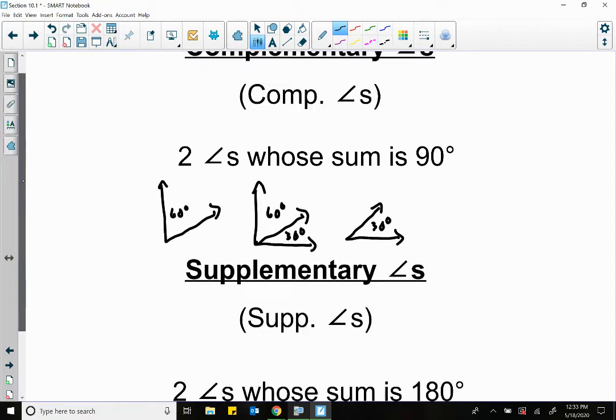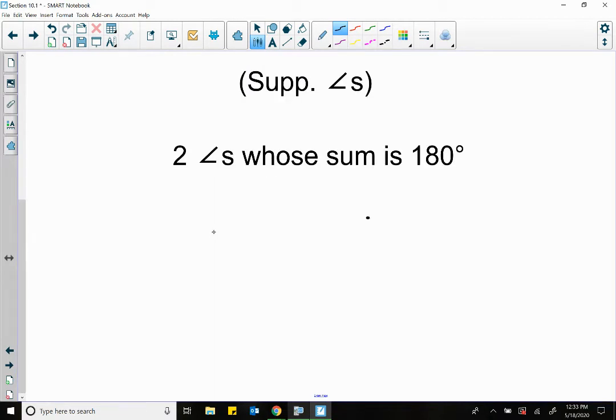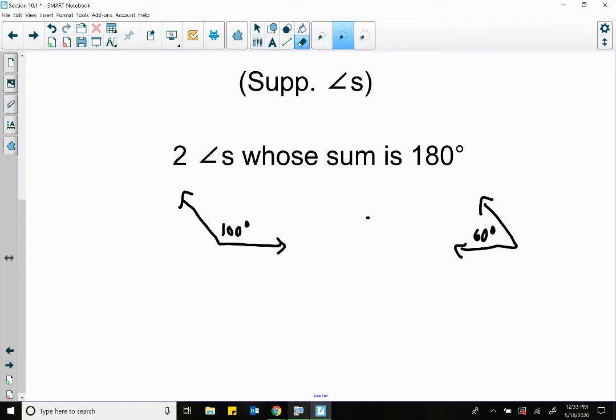And the same thing with supplementary. I could have a 100-degree angle and a 60-degree angle that are separate. Sorry, I said 60. That should be 80. Silly Mr. Armstrong.